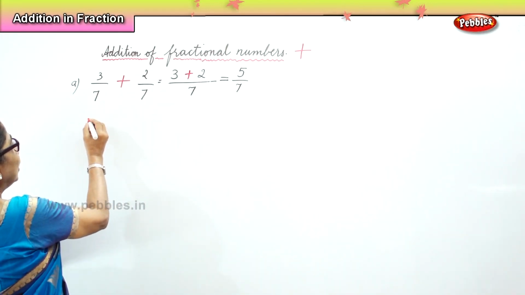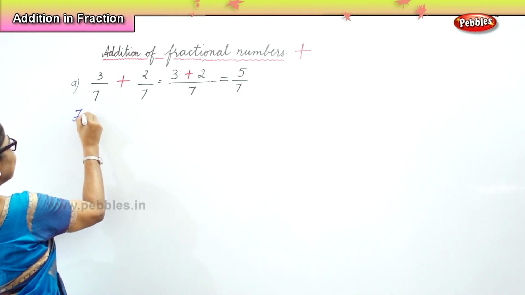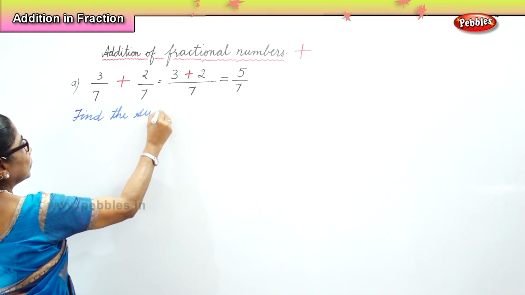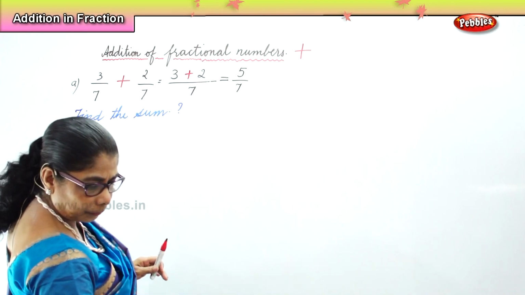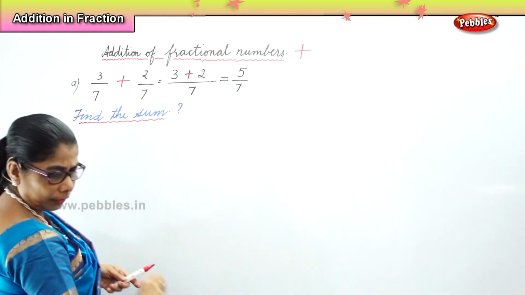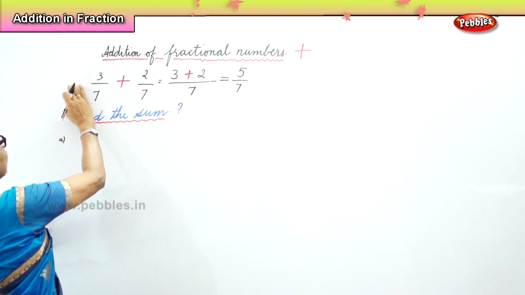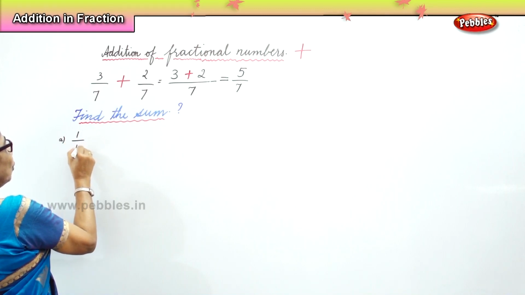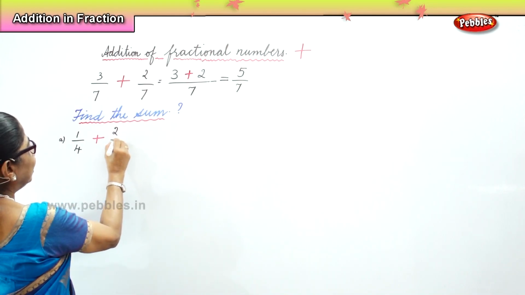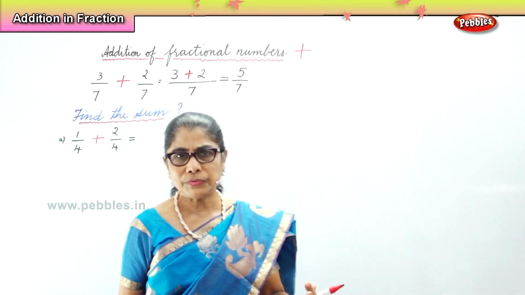Okay, now let us work on find the sum. The first sum is 1 by 4 plus 2 by 4. What must we do now?